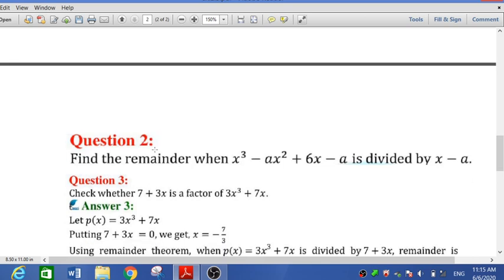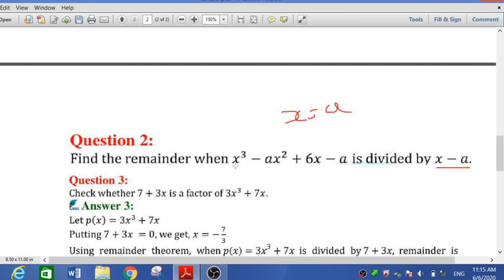Now question number 2. Find the remainder when it is divided by x minus a. So if it is x minus a, what do I have to do? I have to put x equal to a.